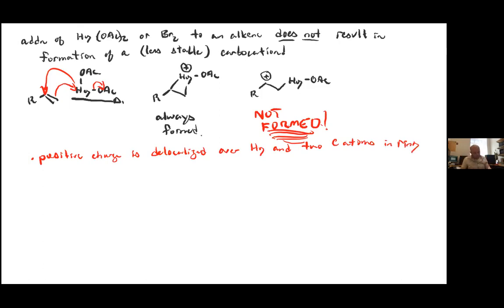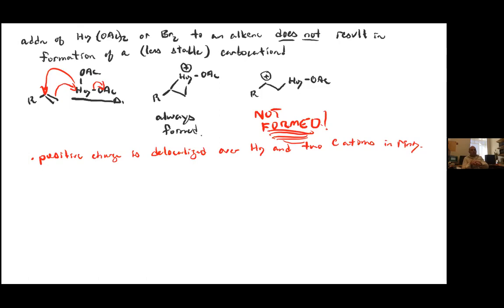And so we can show this with resonance. Again, this is a little bit going out on a limb, pushing the boundaries of what's legal with resonance, but I think it's helpful to see what's going on. In these resonance structures, we're going to draw carbocations, but remember, we're not talking about equilibria.